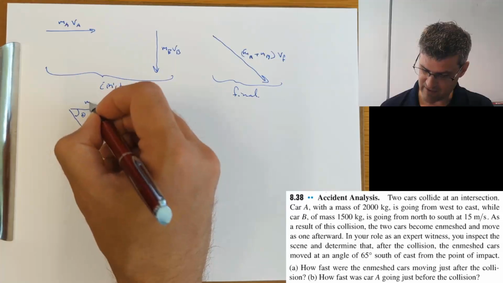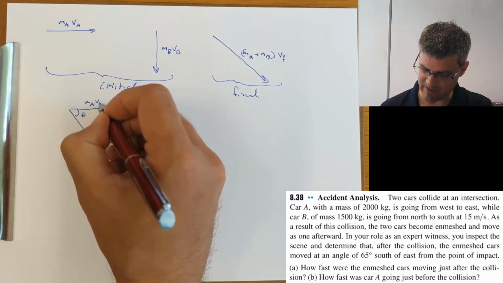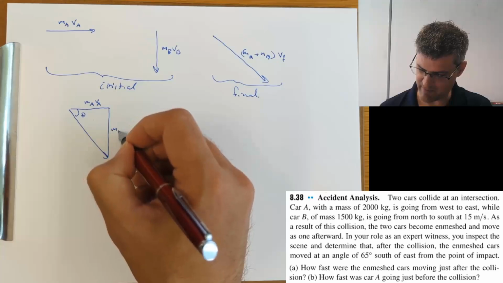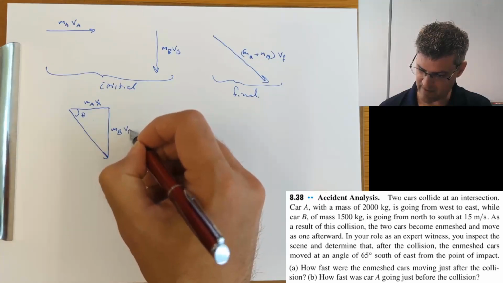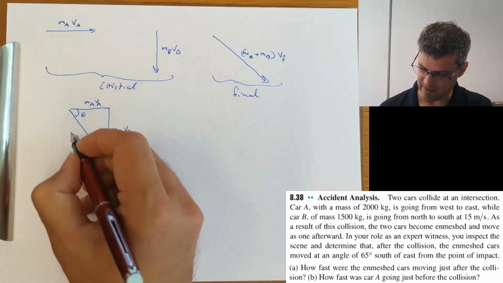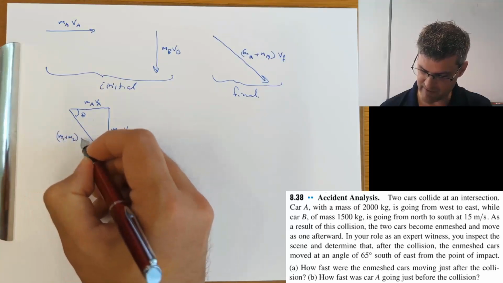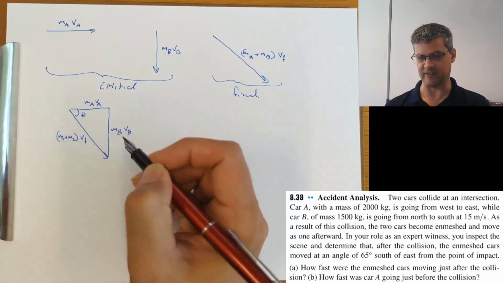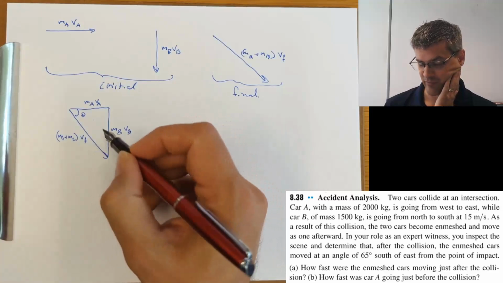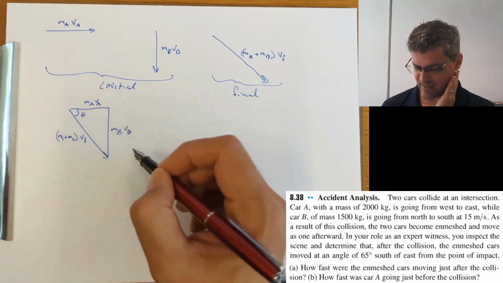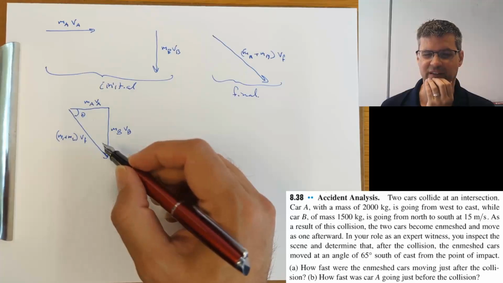So here, this is MA, VA. Here, this is MB, VB. And here, this is M1 plus M2, V final. Graphically put together. And so we can use graphical techniques to figure out what's going on in the problem.